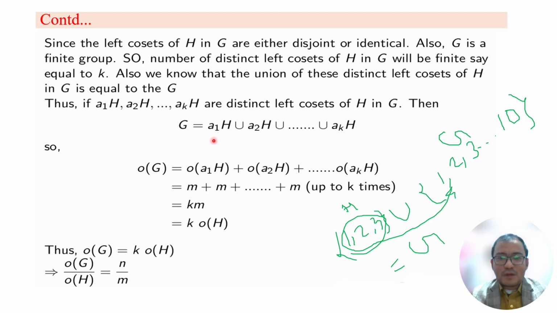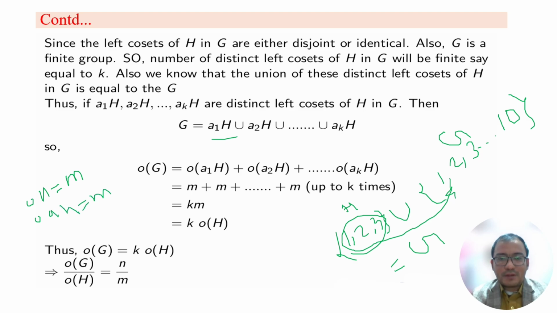Suppose a1S provides m elements, that means an order m, as we discussed previously. Here the order of S is equal to m. So the order of the left coset aS similarly gives m.